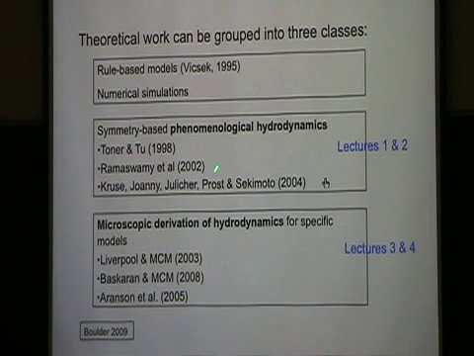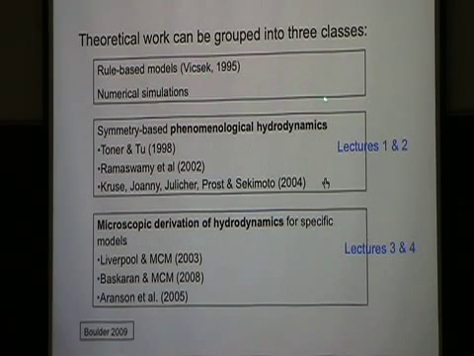The other two classes of work that have been done in this field are sort of looking at the large-scale behavior, writing down phenomenological hydrodynamic equations for this system. This has been done by many authors, some working in the context of flocking of birds, some working in the context of bacterial suspensions, some working on models of the cytoskeleton.